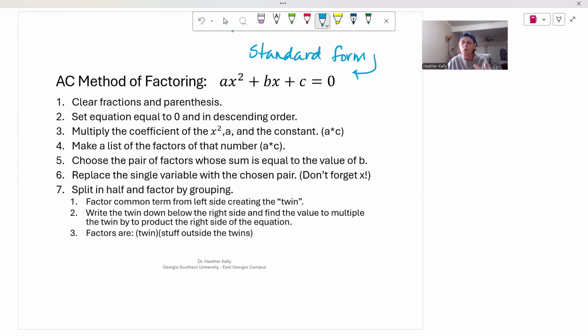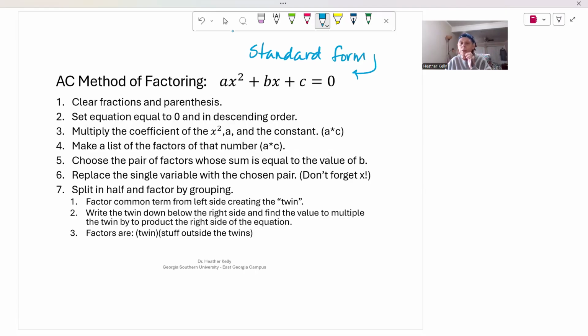But general rule of thumb, clear out the fractions. Nobody wants to be thinking about doing fractions, and get rid of the parentheses. Then we also want to set the equation equal to 0 in descending order, and descending order means from the highest power of the variable down to the constant. Okay.